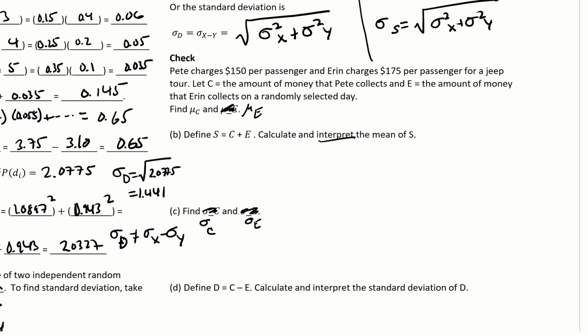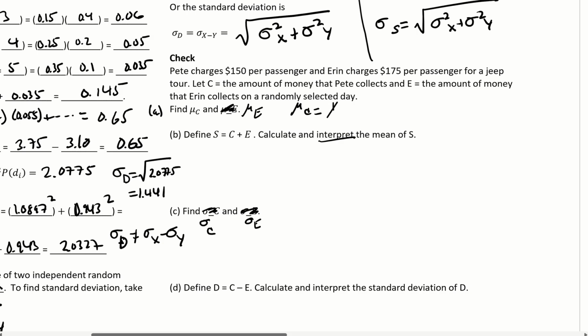All right, so now this should say part A. Sorry about that. Part A, find mu C and mu E. To find mu C, you could do all this on the calculator, but we can do this easier.